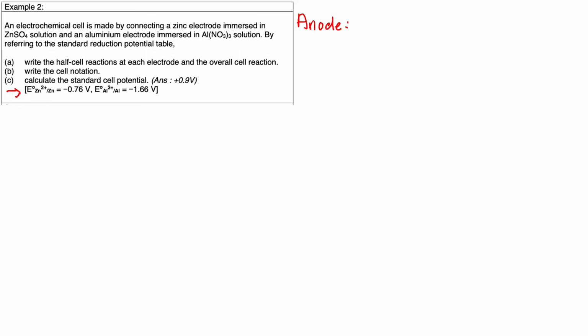Therefore, aluminium will become the anode. So what will happen? Aluminium solid produces aluminium 3 plus aqueous plus 3 electrons. Then our cathode will automatically be zinc.